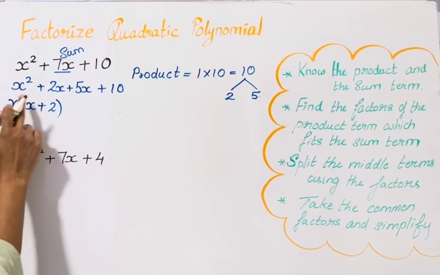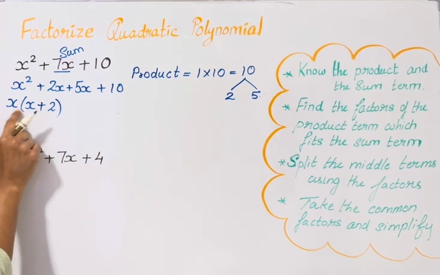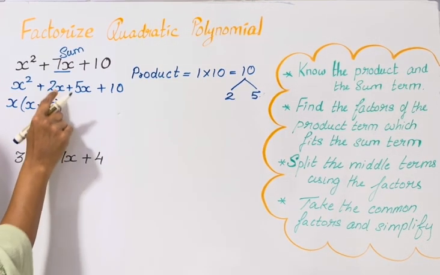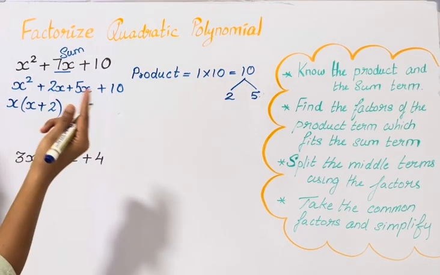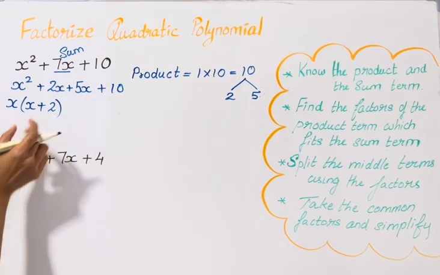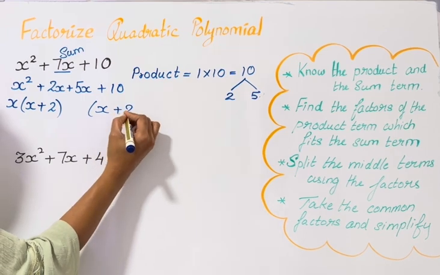So we took x as the common factor outside. If we multiply x and x, that is x square, the first term. And x multiplied by 2 is 2x, the second term. Now the first and second terms are done. Then we take the common factor in the third and fourth terms. The factor x plus 2 remains the same here.